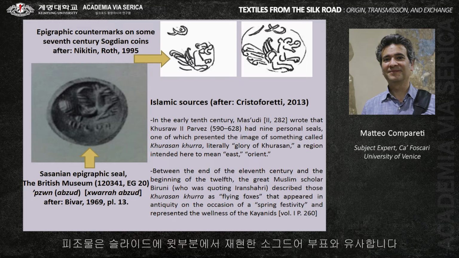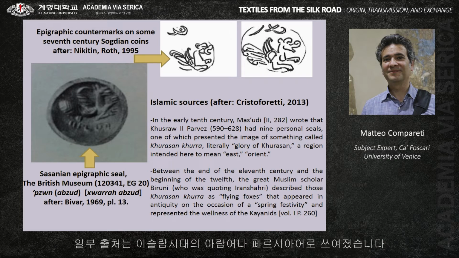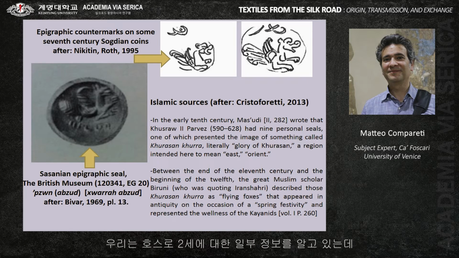In some written sources, all written during the Islamic period in Arabic or Persian, we have some information about Khosrow II, who had at least one seal he used to seal official documents, and this seal was embellished with something called Khorasan Khora. Khorasan Khora or Khorasan Khwara means the glory of Khorasan, the glory of the East, something which was coming from the East.